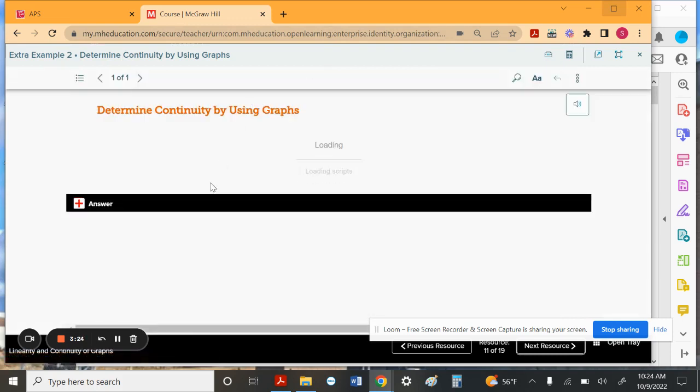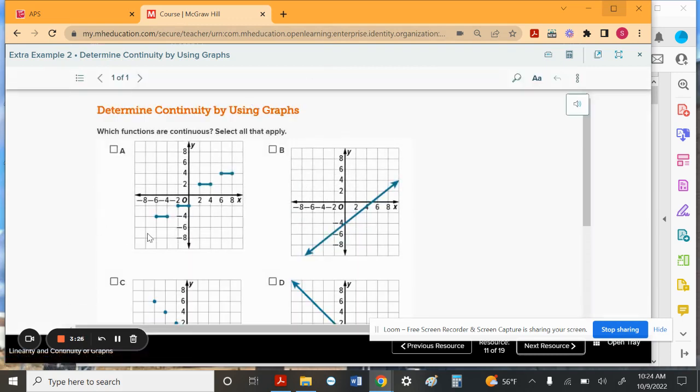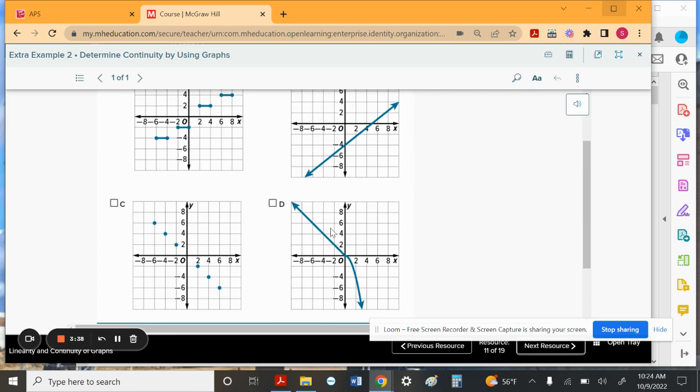Okay, determine by using graphs. So this is a lot easier when we look at a graph and we can figure out if something's continuous or not. Remember that continuous means that every single point has to be connected by some kind of line or curve. So this is continuous because there are no breaks. This one's continuous because there are no breaks. Even though it curves, it's still continuous.